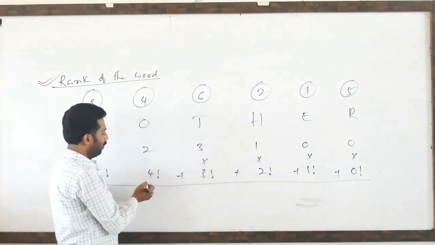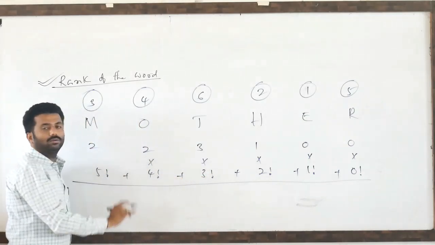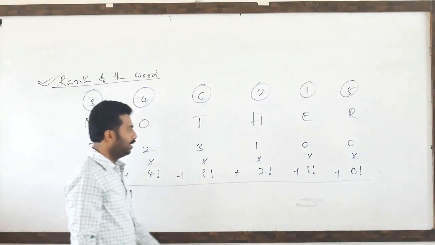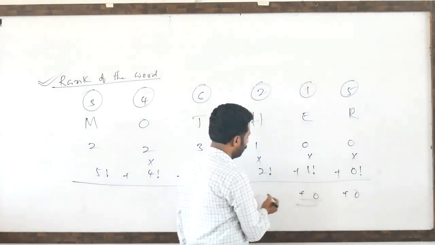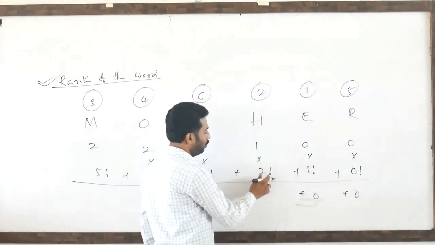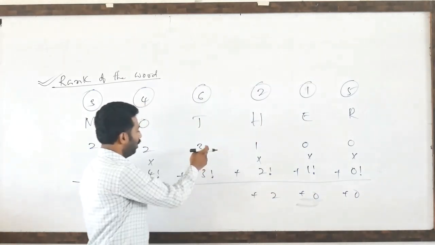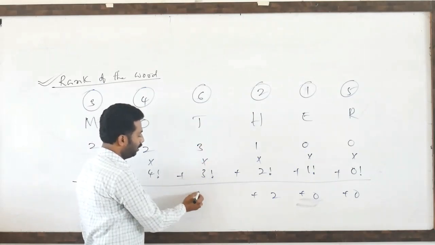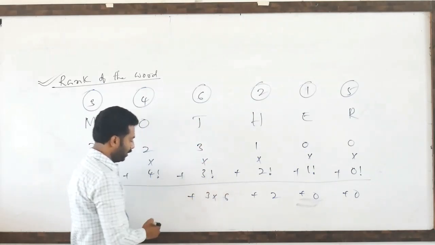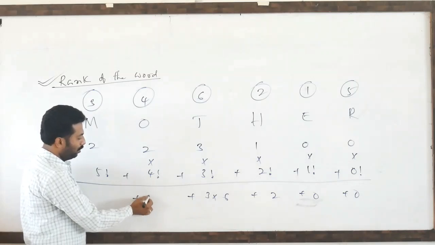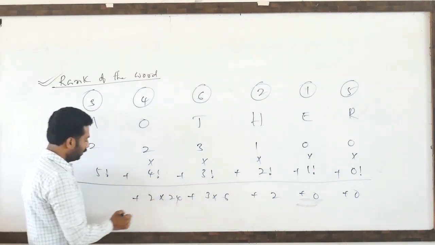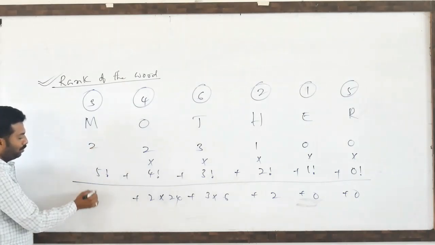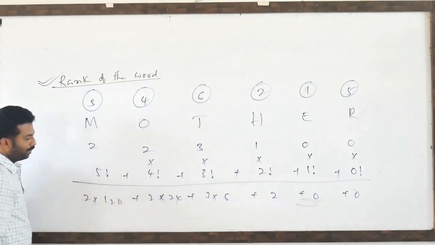These two we have to multiply, these two we have to multiply. See here, 0 into 0 factorial, 0. This is 0. This is 1 into 2 factorial, means 2. 3 into 3 factorial, so 3 into 6. This is 2 into 24. This is 2 into 5 factorial, 120.